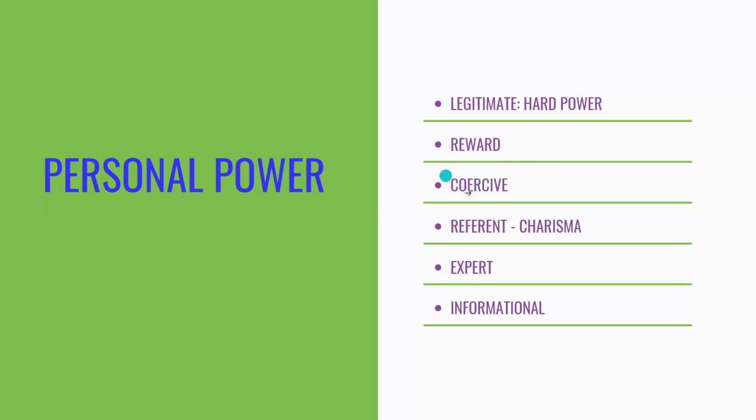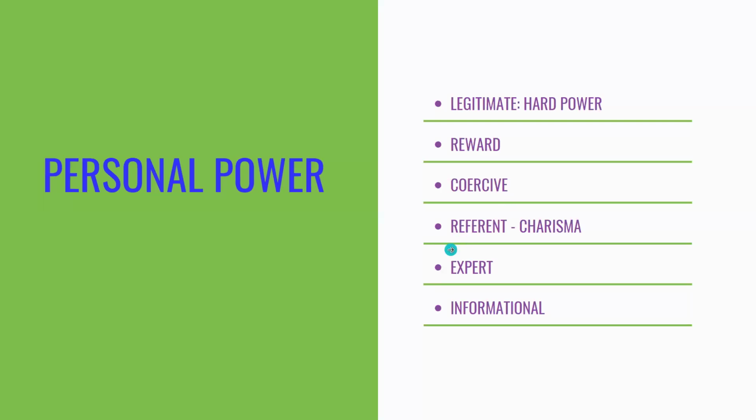We may have coercive power, where the negotiator may coerce or threaten the other party into submission. Or we may have referent or charismatic power, where the negotiator may use his charisma to convince the other party about the choice.